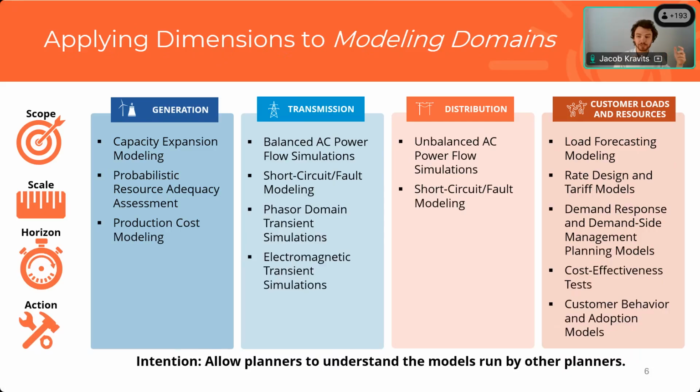And for each of these bullets, we define the scope, scale, horizon, action, as well as the key inputs and outputs of the model. Now, again, you can see I can't go into detail on all these modeling domains for this presentation. So I really encourage you to go to the guidebook, for all the really cool, nitty-gritty details.